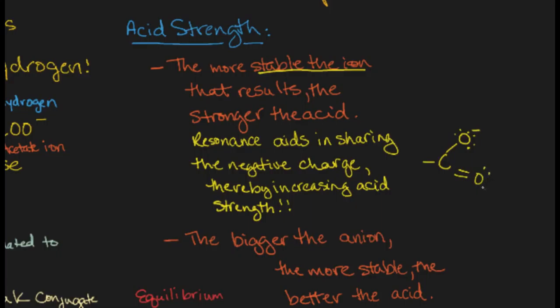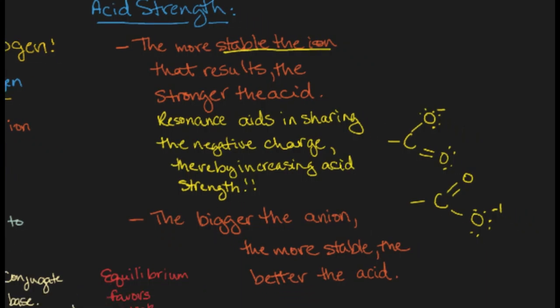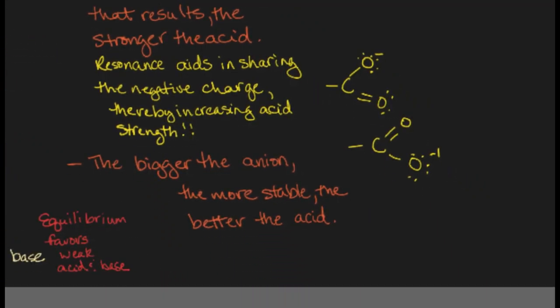However, if I switch them, well, this is on the resonance video as well. Now this one has the -1 charge. And what happens is you get a resonance hybrid, which basically has a -1/2 charge on both of those, thereby increasing stability and making it a better acid. Size also matters in this case, so the bigger the anion, the more stable, therefore the better acid.